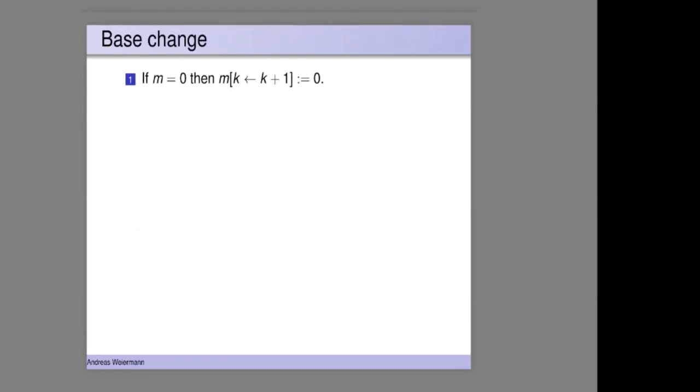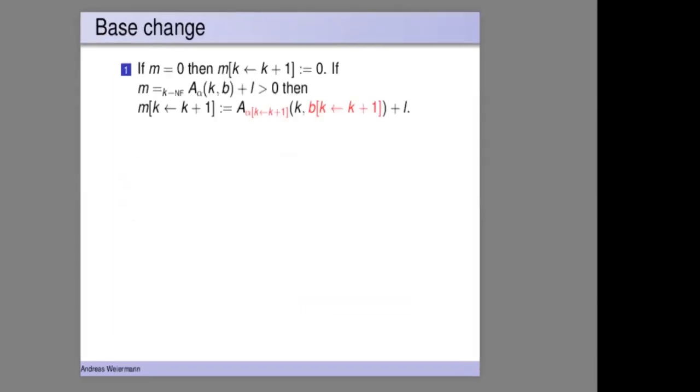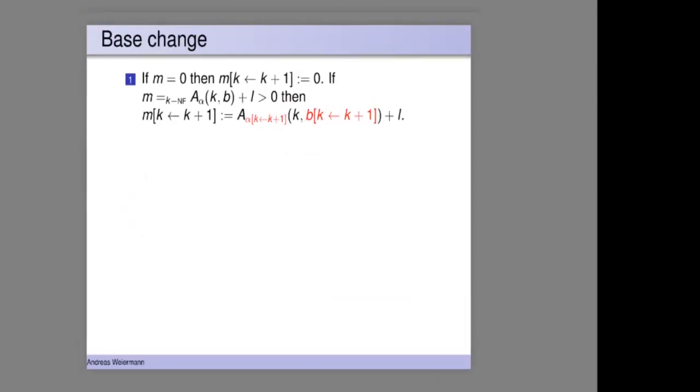Now I define base change. Base change goes as follows: if m is 0, I do nothing. And if m is in k normal form a alpha k b plus l, then I do the base change in m by, oh, here's a mistake. It should be, in the result, k plus 1 as the first argument of the a function.